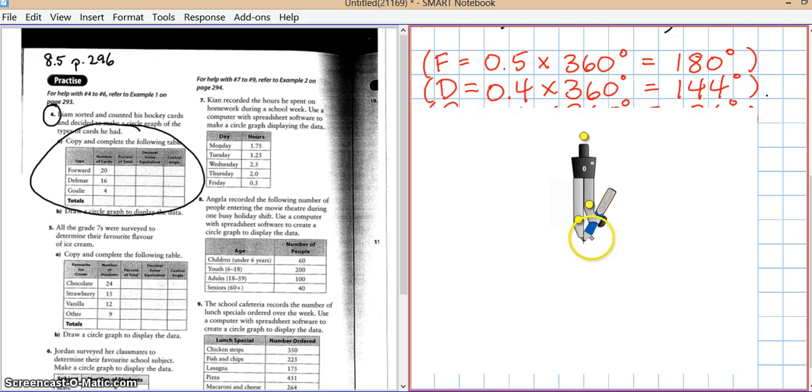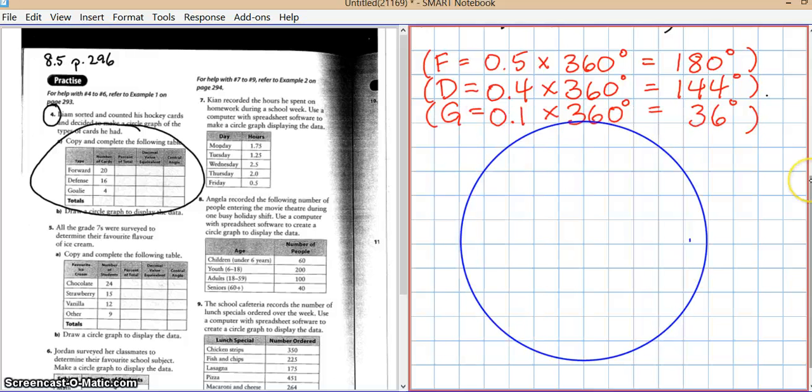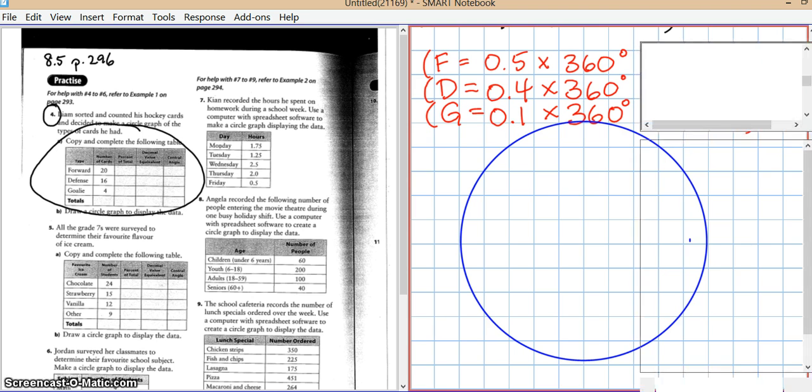Try to have a radius of at least 5 centimeters, but I'm a bit limited in room, so I'm just going to do a little bit bigger. Okay, so now I've drawn my circle. As I've mentioned before, you probably want a circle with a radius of at least 5 or 6 centimeters.